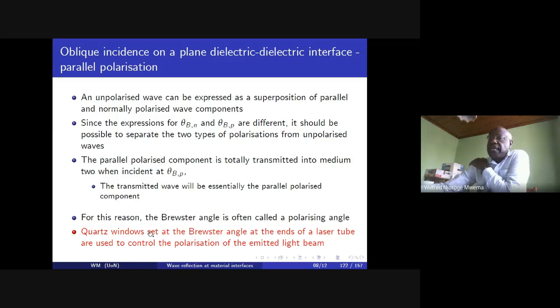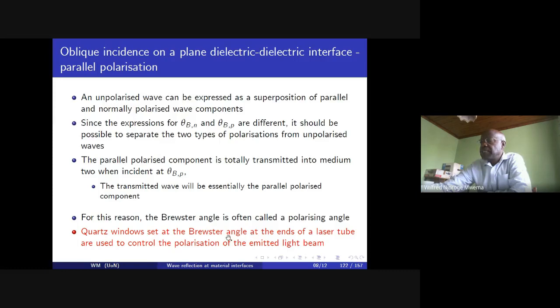Now, when you are dealing with laser tubes, or even when you are trying to splice, say for example, glass fiber, when you go to work for the telecom industry, you'll need to make junctions with the fiber because the fiber cannot be infinitely long.